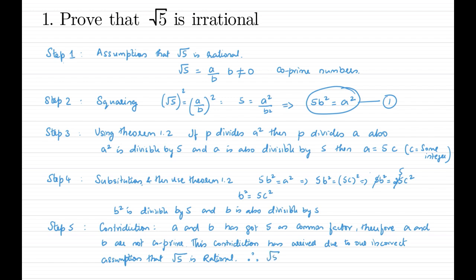Therefore root 5 is irrational. Hence proved. Hope you understood the working of this problem.